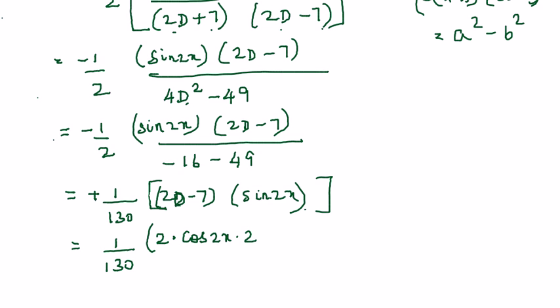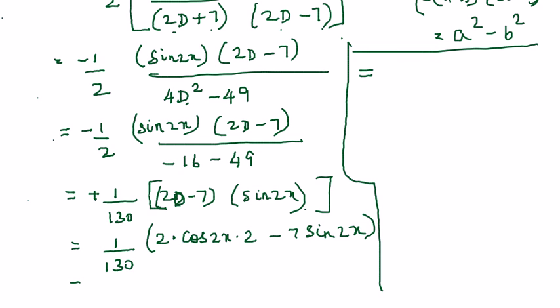And the next term is just plain multiplication into sine 2x. So what do I get here? Let me make some more space here. So this now becomes 1 by 130 into 4 cos 2x minus 7 sine 2x. So this is my particular integral, right?